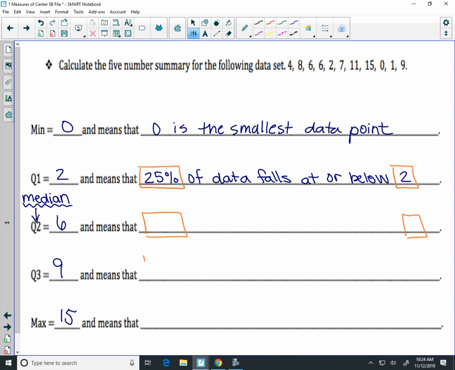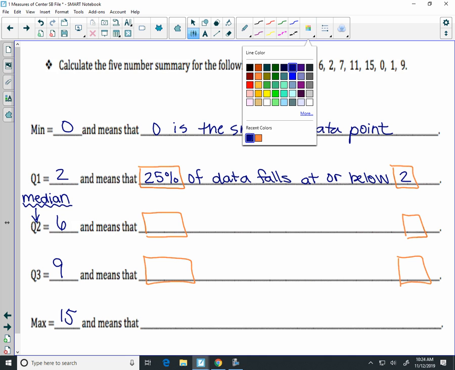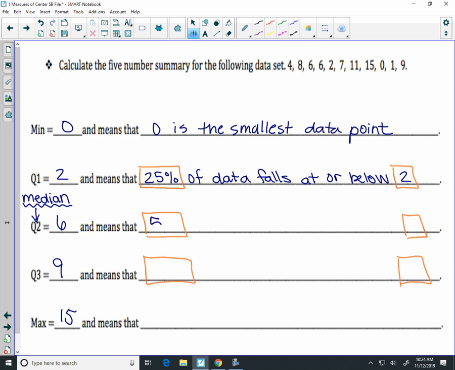What you do with your functions, don't worry about that because you can do that. Then you put in the functions, and you just go snippets. For the median or quartile 2, that means 50% of our data falls at or below whatever that number was, which I think was 6.